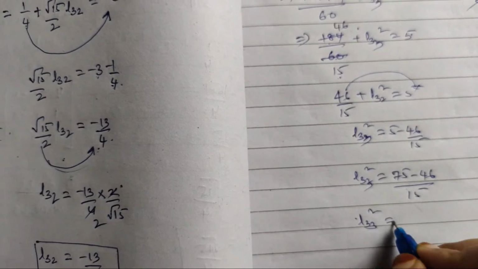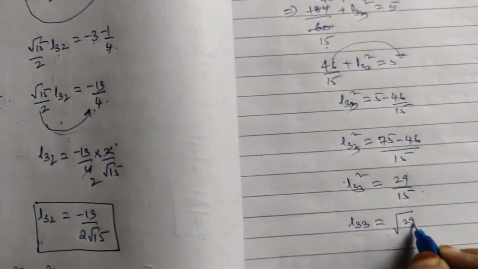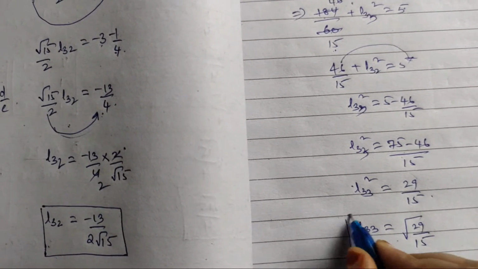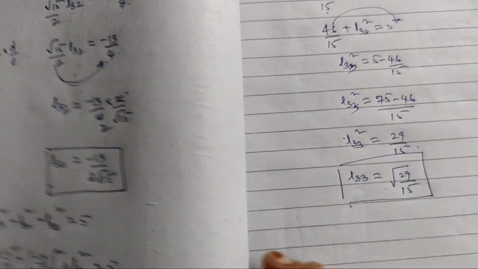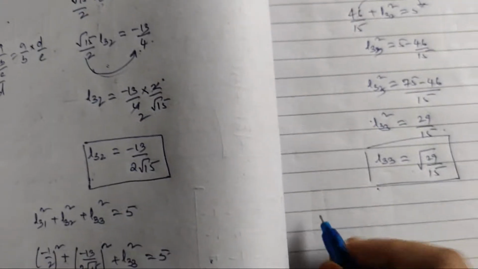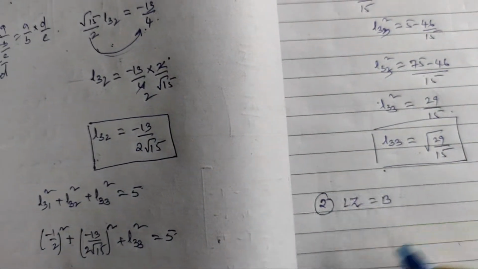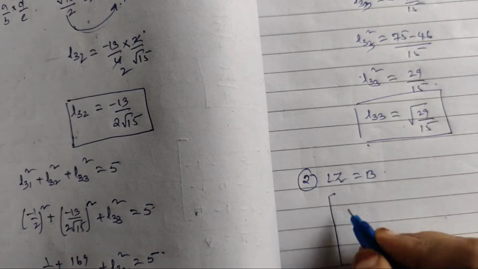L33 square is equal to 29 by 15, so L33 is equal to root 29 by 15. So the first step of Cholesky is completed. After that, we will move to the second step. The second step is LZ equals B, where L is what?